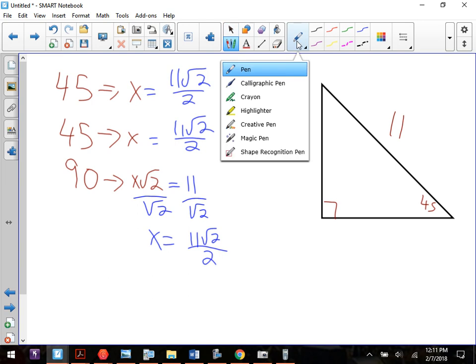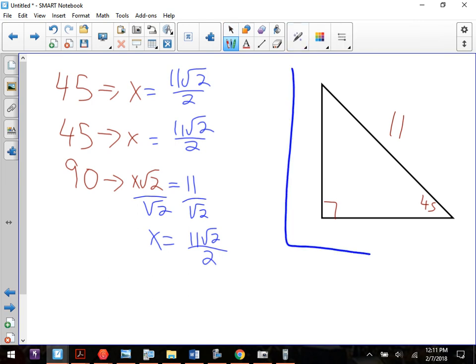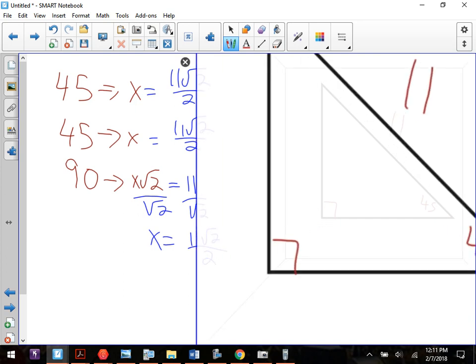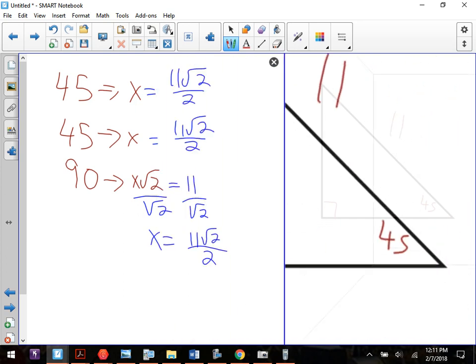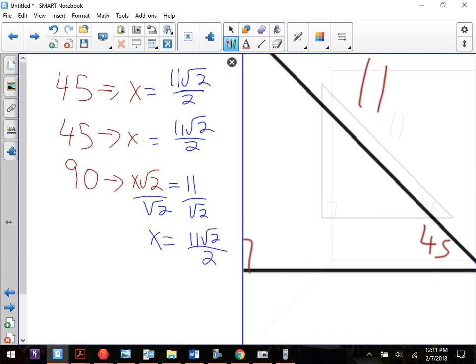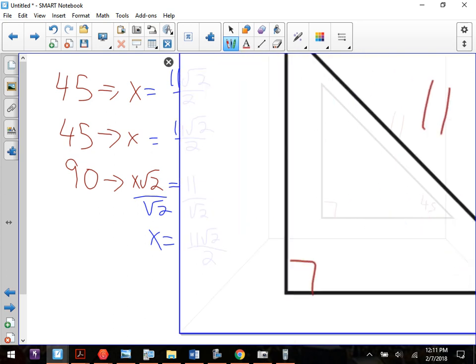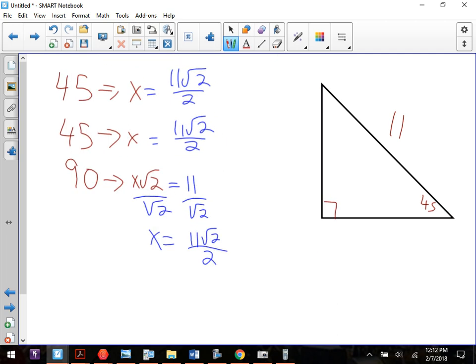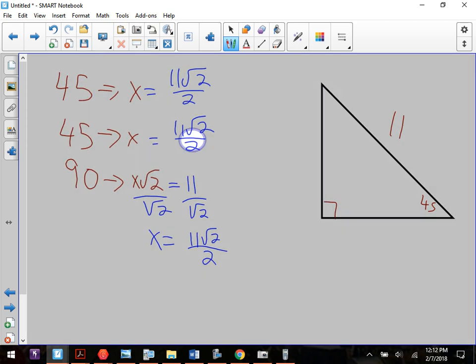Not literally blow it up, but if you need me to do this. Is that better? Okay. I was worried about you. Did you need me to highlight it at all?